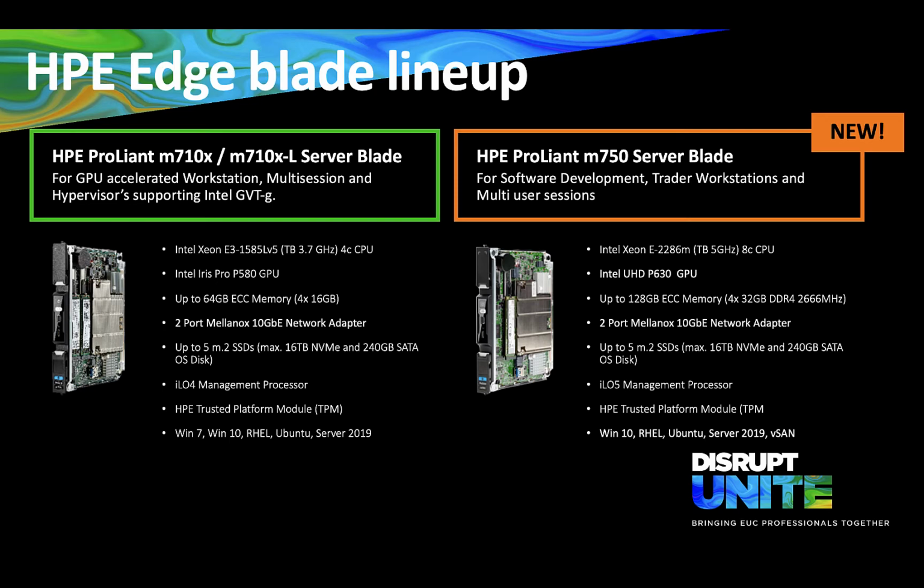They increased the memory to double. They increased the CPU from 3.7 to 5 gigahertz, and now it's from 4 cores to 8 cores, and with hyperthreading it's 16.